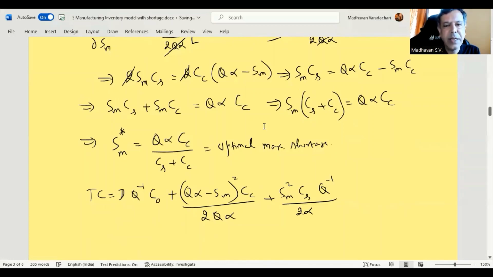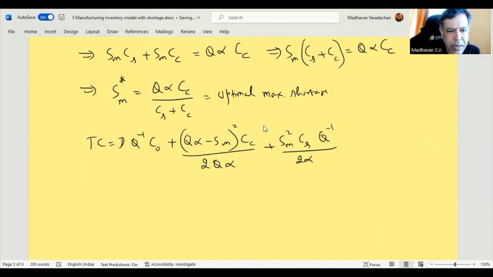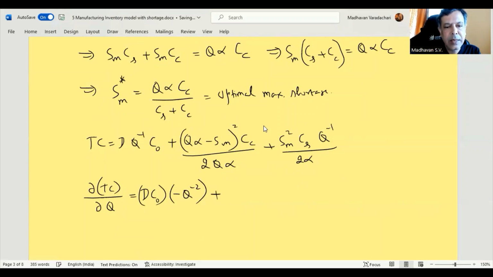Now we will partially differentiate with respect to Q. We get partial derivative of total cost with respect to Q. It will become now D Co is considered as a constant, and if I differentiate Q inverse, it is minus Q to the power of minus 2. Plus, here the constants are Cc divided by 2 alpha.